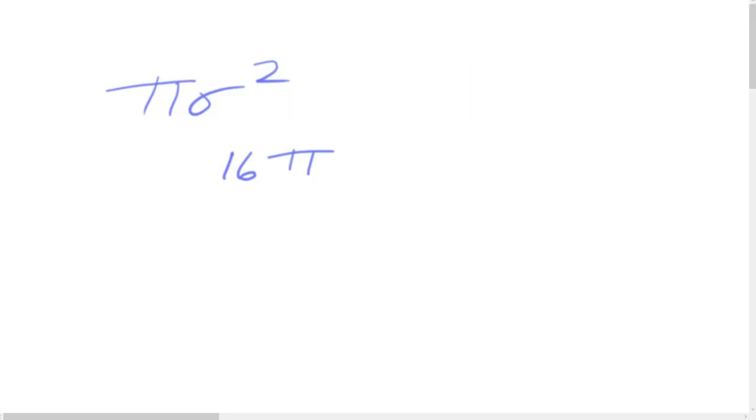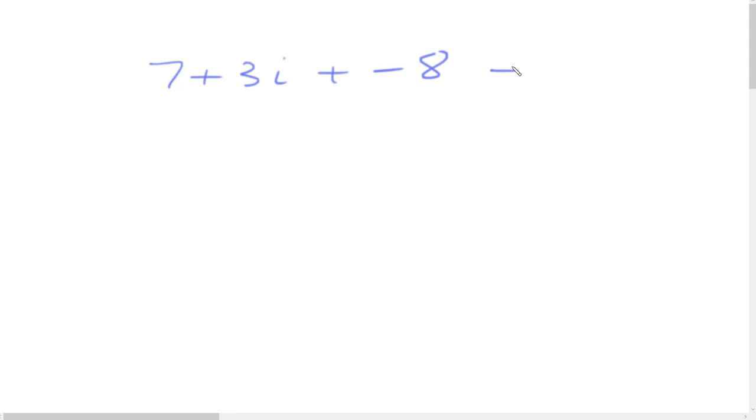You write it down: 7 plus 3i plus -8 plus 9i. The parentheses don't matter.